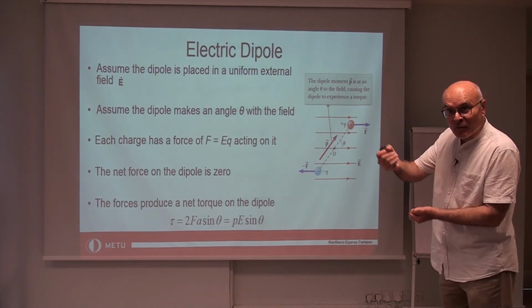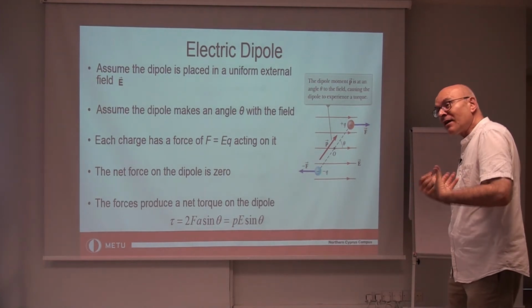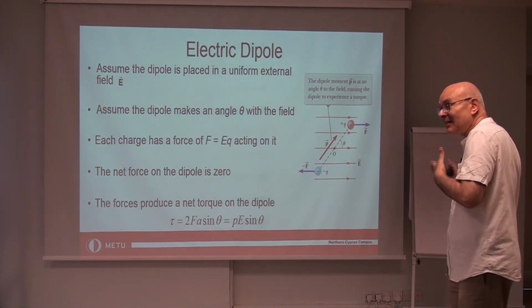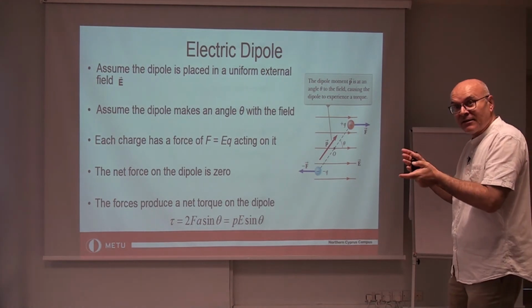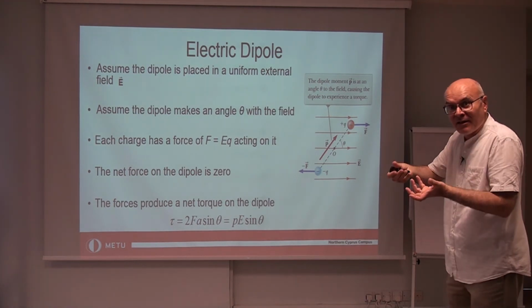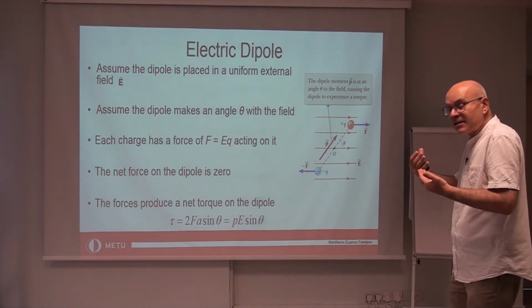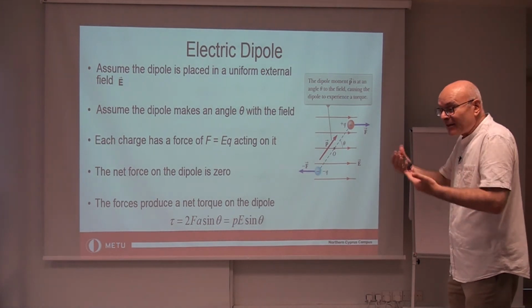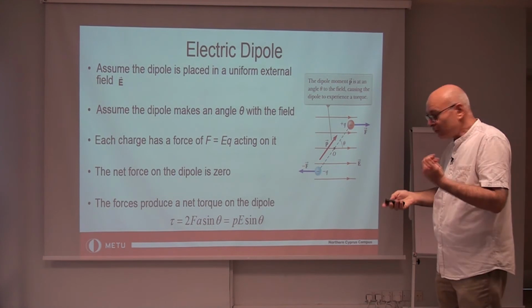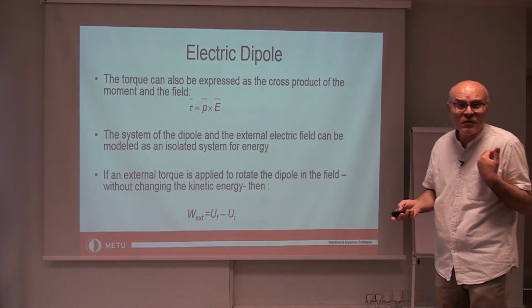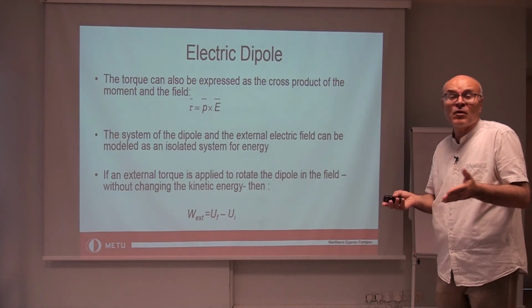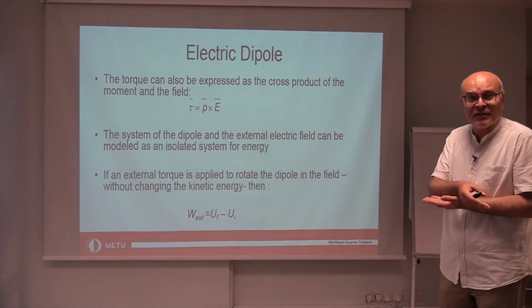And this external work means you are importing external energy to the system of field plus dipole, which is isolated. So you need to put in extra energy, and this extra energy manifests as work. And when you do this external work on a conservative system, we know that this leads to a change in the potential energy of the system.